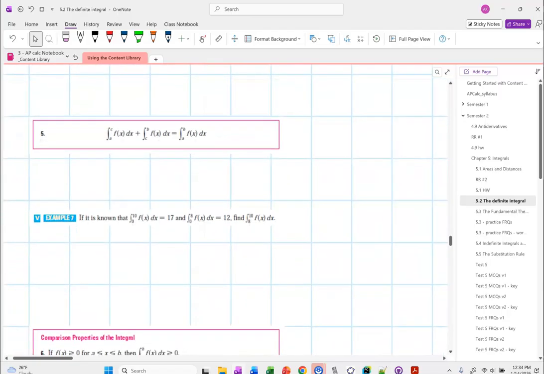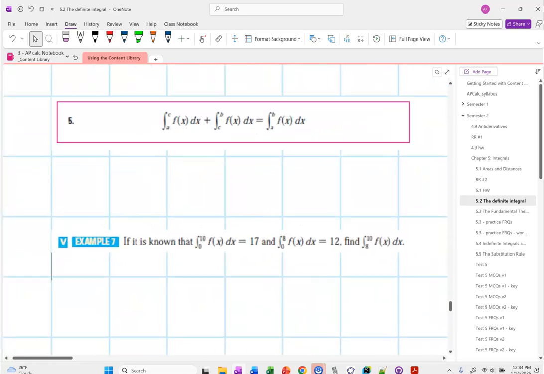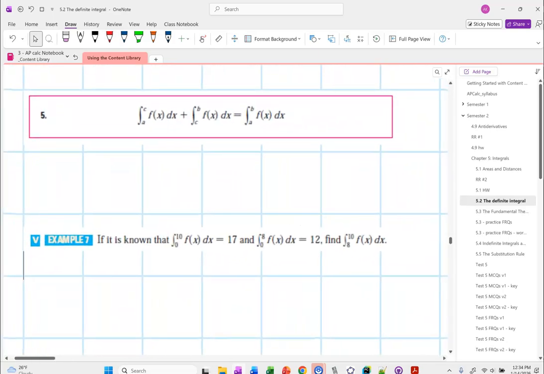Another property. So we have the integral from a to c of f of x dx plus the integral from c to b of f of x dx equals the integral from a to b of f of x dx. Yes, sir. Will it ever work out to where that has a higher polynomial on top than the bottom? Probably not. Not in the case of problems that I would assign for you guys to do.